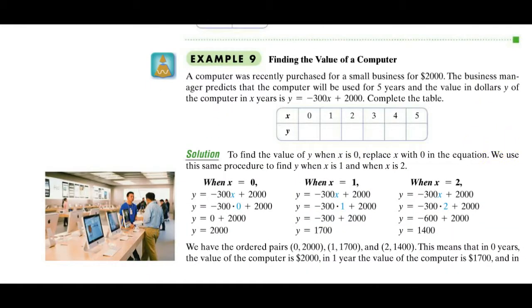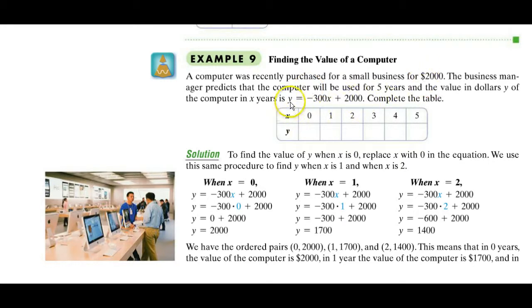Okay, finding the value of a computer. Here they're saying a company recently purchased a computer for $2,000. And they say generally it's going to be used frequently during the weeks and months. And then as it's used, its value depreciates.